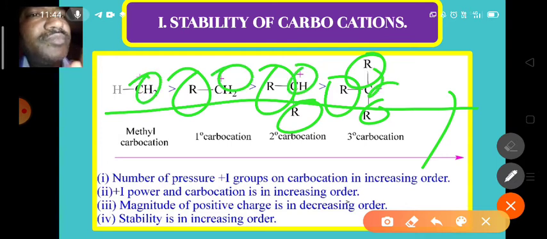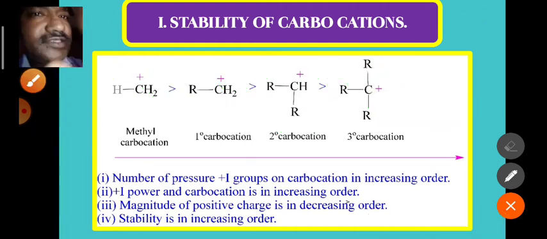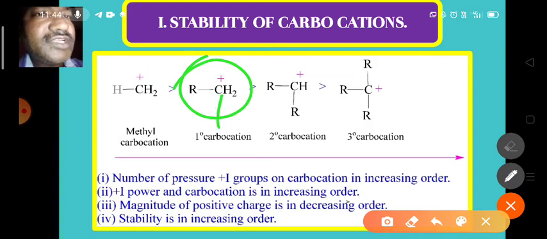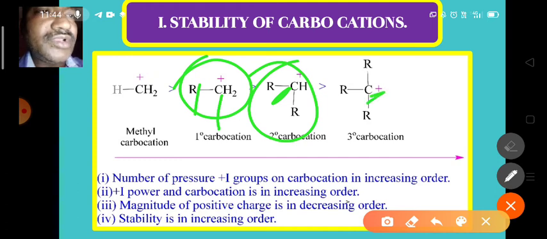Here this carbon bears the positive charge and is attached to only hydrogen atoms, whereas this carbon is attached to only one alkyl group. This carbon is attached to two alkyl groups. This carbon on which the positive charge is there is attached to three alkyl groups. And we know very well that alkyl groups are plus I groups.